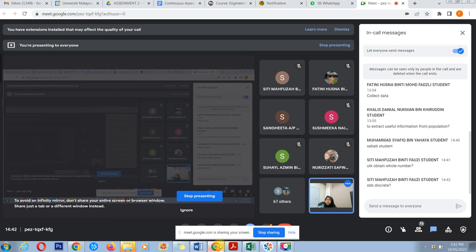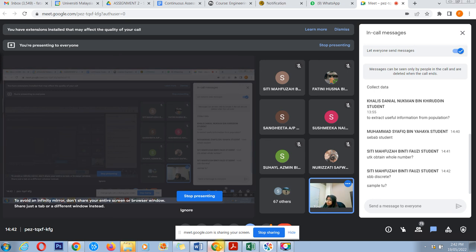Because it is discrete. Correct, because it is discrete. What is it that is discrete? The sample. Yes, because of the sample we round up.